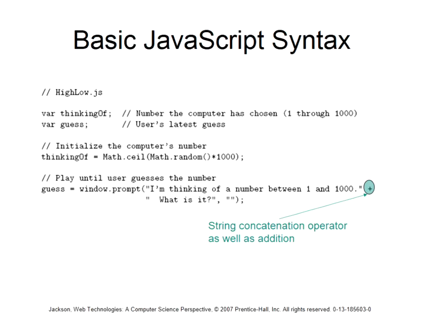Plus. So plus here is the string concatenation operator as well as addition. For example, if I write guess equal window.prompt, this is a first string, plus this is a second string.